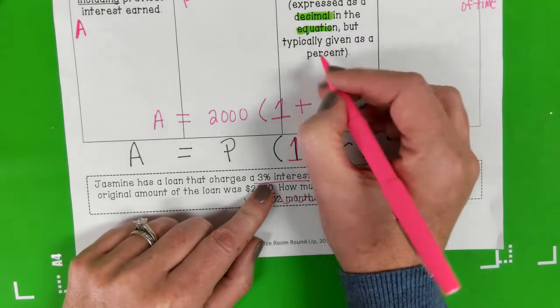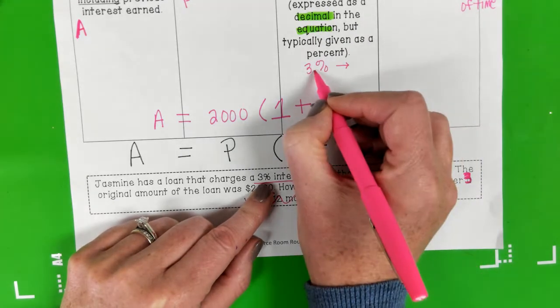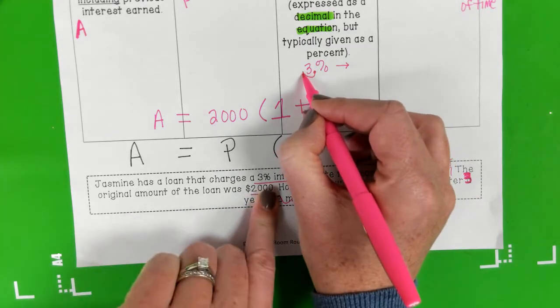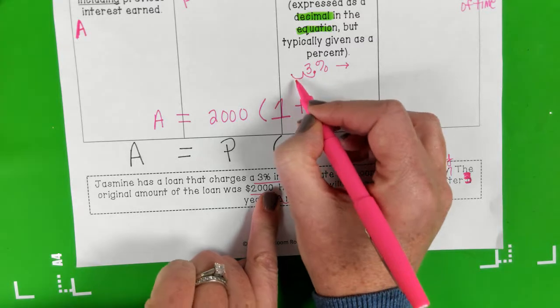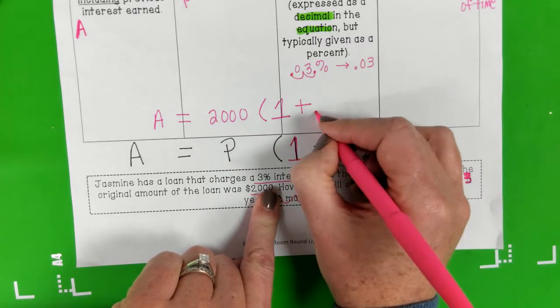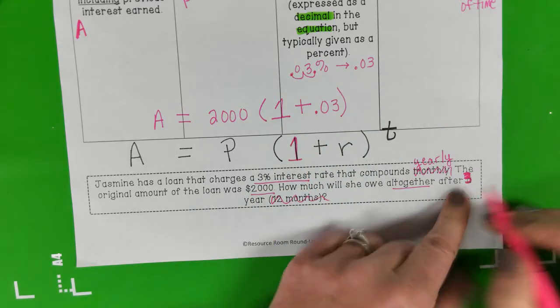Now remember, we have to take that percent and change it to a decimal. So here is where the decimal currently is. 2 places to the left makes it 0.03. So 0.03. And then our time is going to be 3 years.